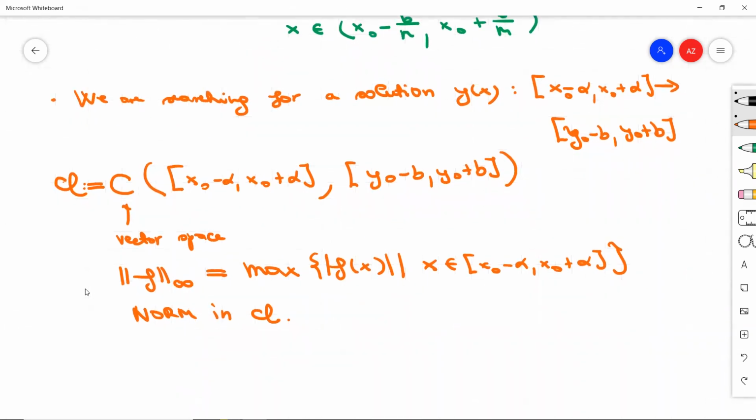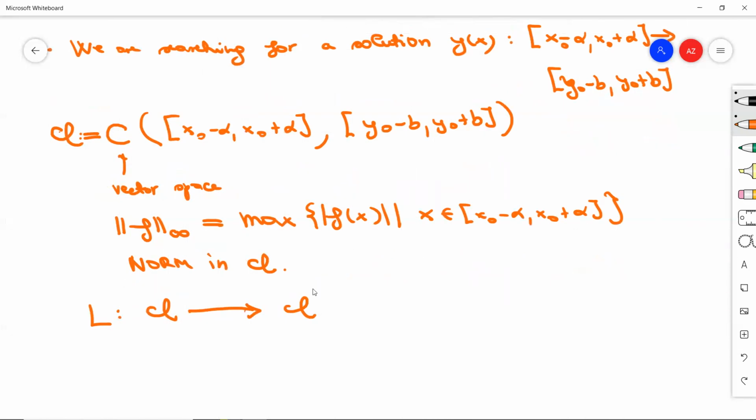And now I define an operator, a linear operator, let's say L, which maps from C into C. Maybe I will have to change the codomain a little bit. We will see.